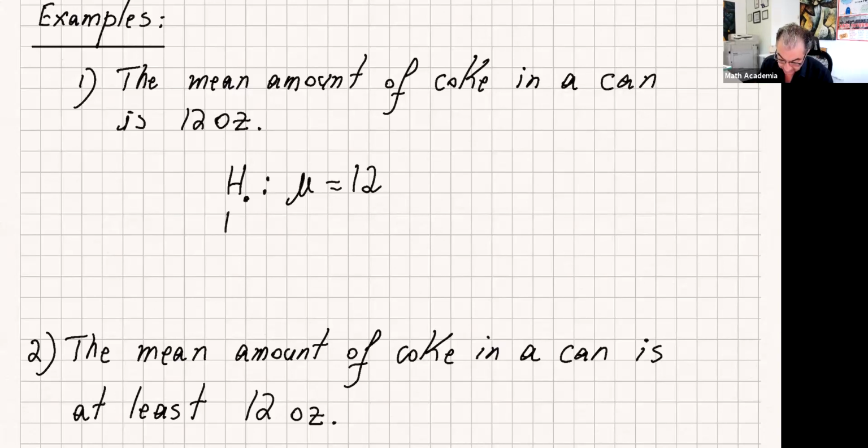Then you can write H1 now, and I'm going to start calling this H1 instead of HA. So mu is not equal to 12. We have our H0 and we have our H1. Now we want to know which one is the original claim. The original claim is the claim I wrote first, the claim in the problem. So I put OC here, and this one is going to be CC. So H0 is the original claim in this case, and H1 is the counterclaim.